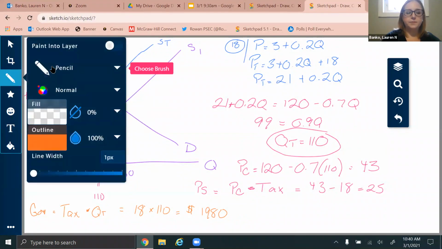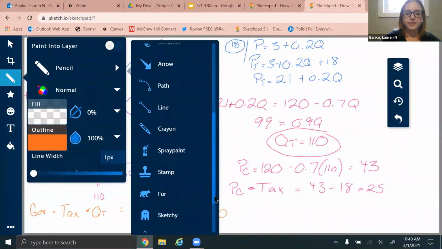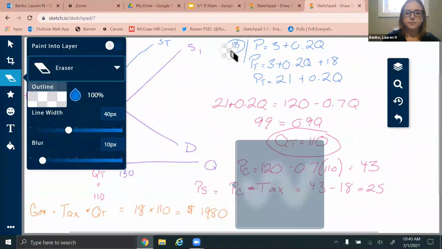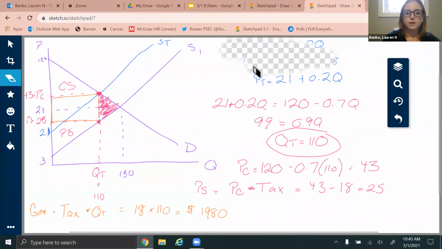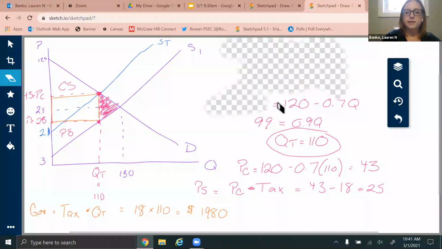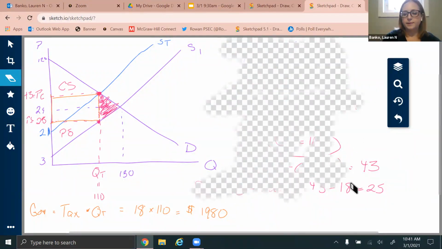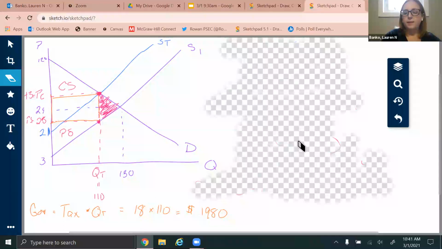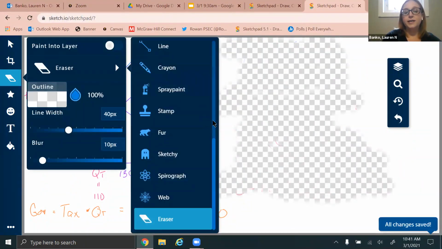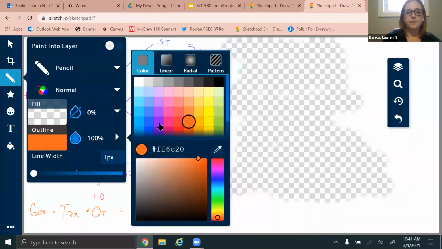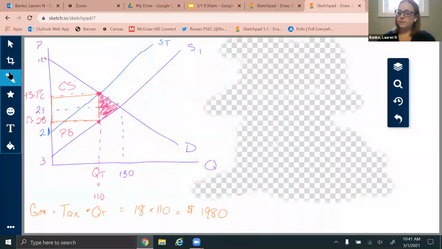Okay, now there's one other thing I didn't ask you to do. I'm going to erase a little bit of this. We can also ask ourselves, what is the tax incidence of buyers and sellers here? Well, I have it on the graph. And when I say tax incidence, I mean how much of the tax are each of these parties, buyers and sellers, paying?